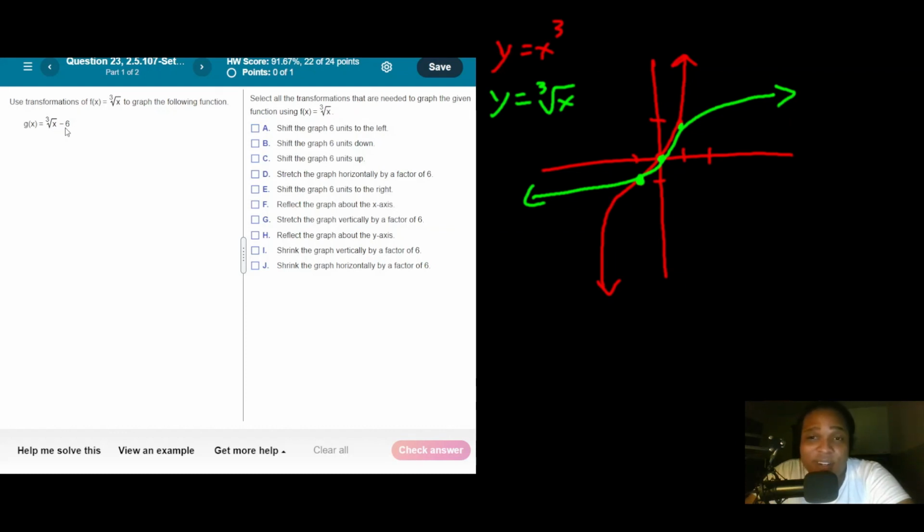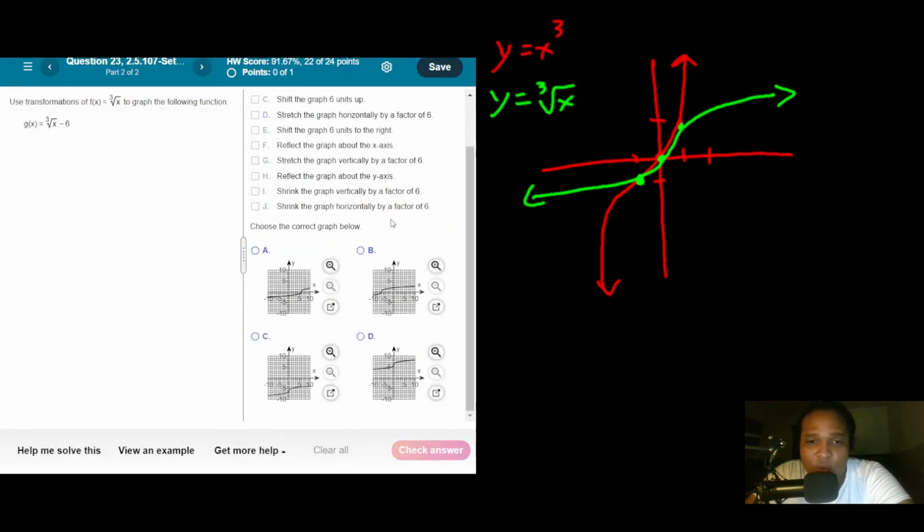Now, is it outside or inside? All we have here is an x, so there's nothing going on inside, so nothing's going to affect your x. But we do have a -6 outside of that radical, so this is going to affect your y's, and this is a shift going down, and that's the only thing. Excellent. Okay, so we need a sideways snake that actually goes down.